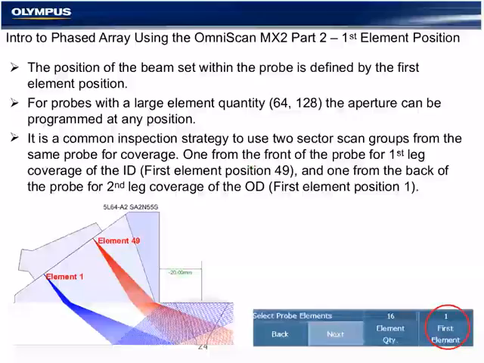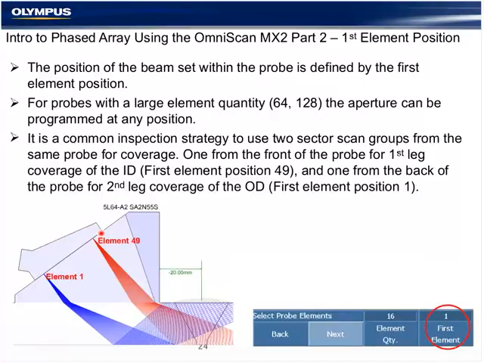The software will need to define the first element start position of the beam. So in this case, we have a 64 element probe. Element 1 is here, and element 64 is here.